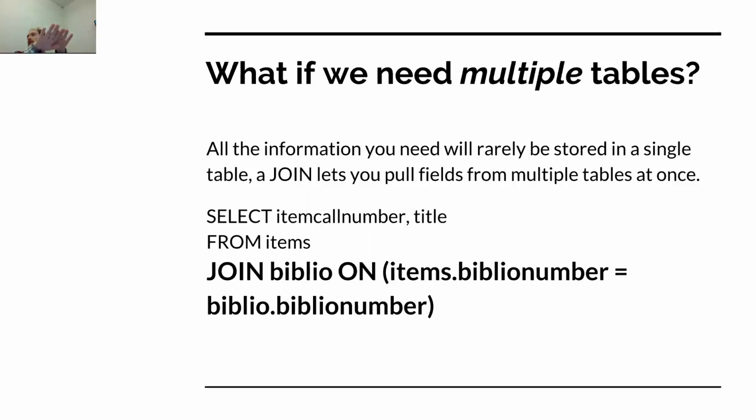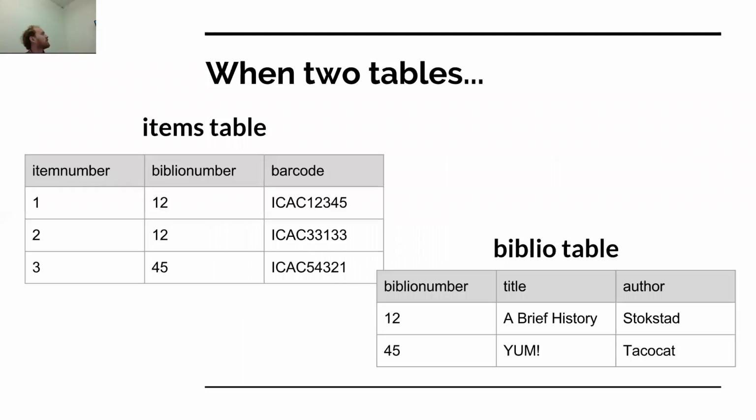I have to find a link where they share an identifier. So I'm saying for every item in the database, it's got a biblio number in there. Find that biblio number, go look in the biblio table, and combine it with the information on that same record, okay? And this is visualized in just a bit.